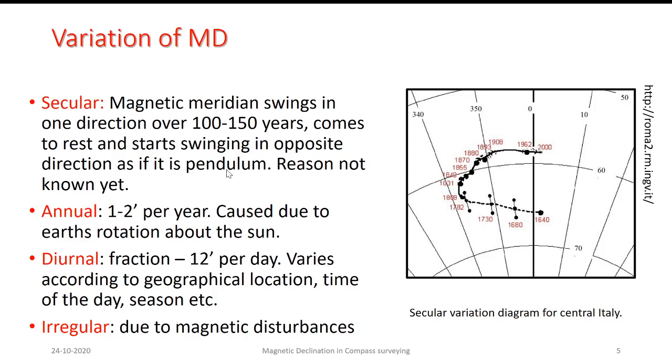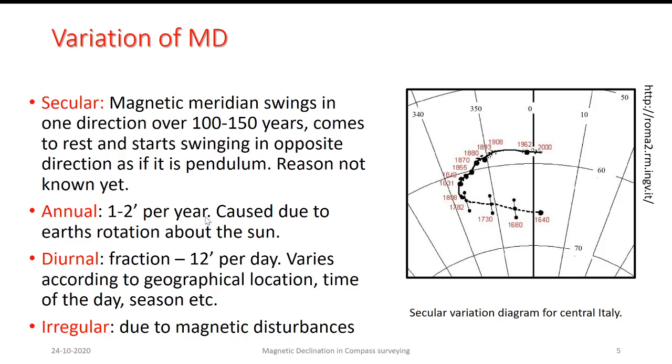If you explore various websites, you will find many studies associated with this secular variation. As far as our scope is concerned, we do not have enough reasoning to understand the secular variation.